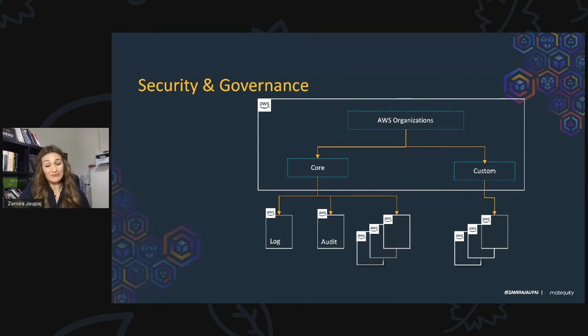We are an AWS partner, and we also have customers. We have customer one that has probably 10 accounts, customer two that has 15 accounts, and customer three that has hundreds of accounts, and we have a lot of customers.